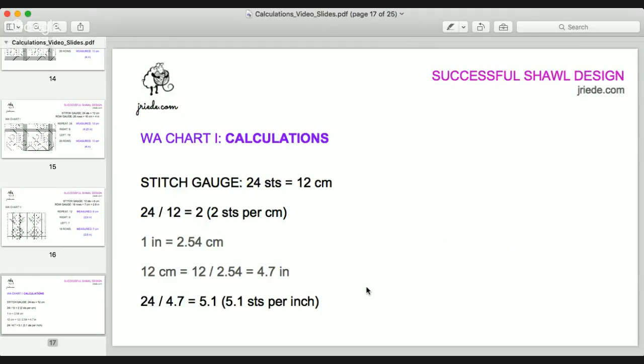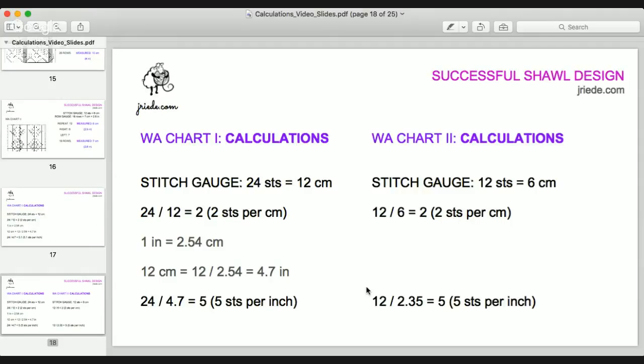Because basically you might have an idea how big your shawl should be. And this is the method to go. You just find out the width and height, but more on that later, of one repeat of one stitch pattern module, and then calculate how many repeats you have to work to achieve this desired width.